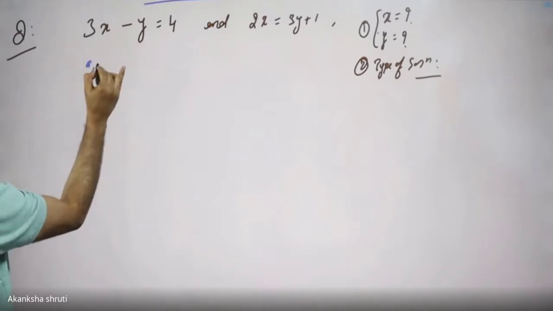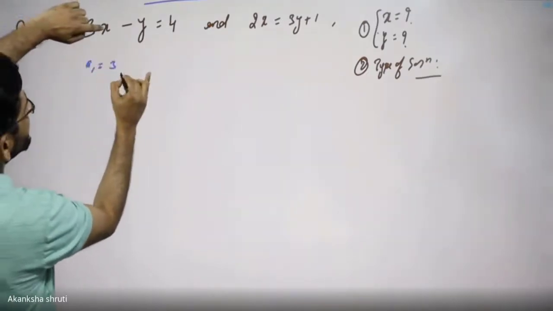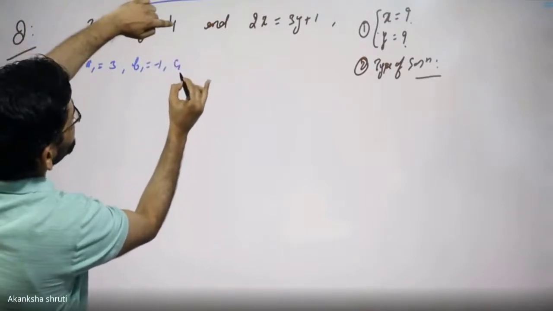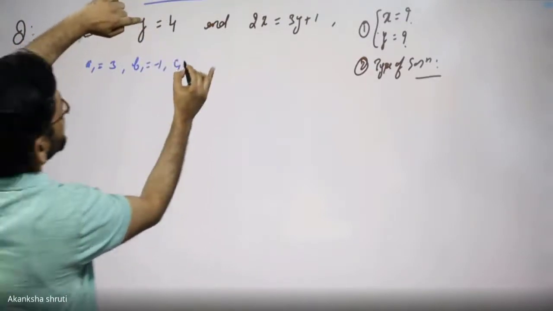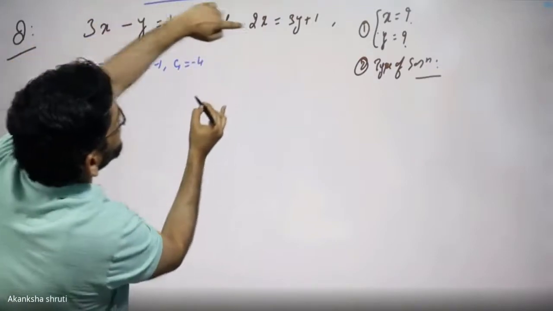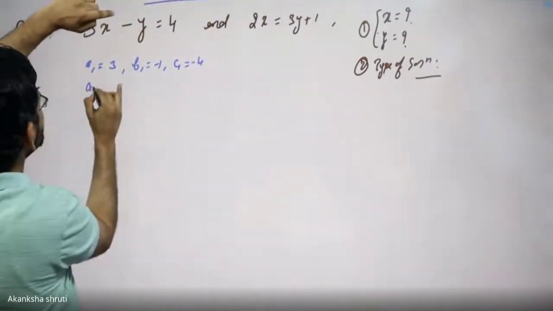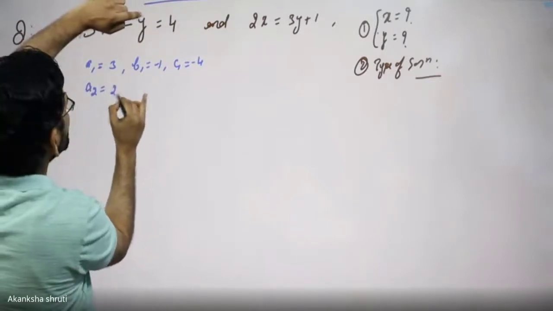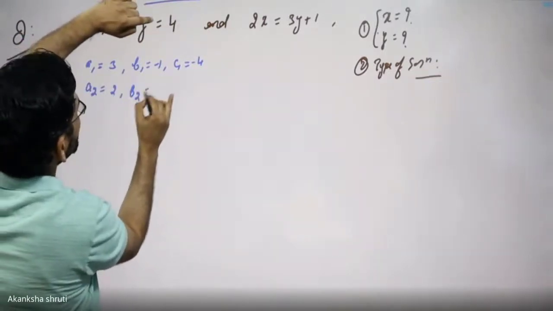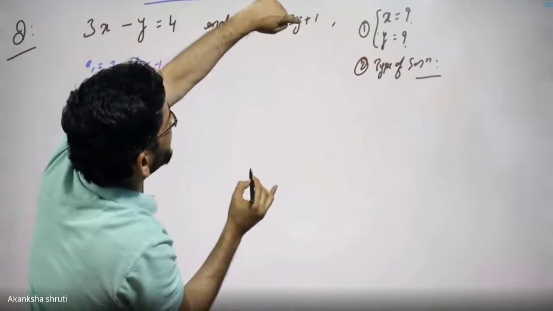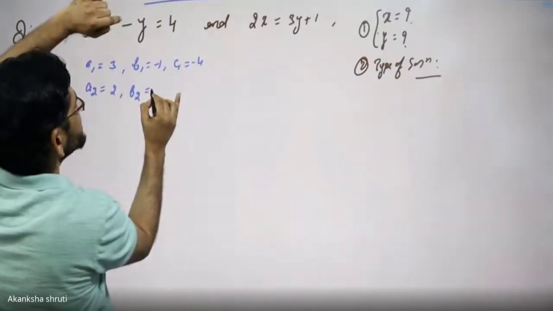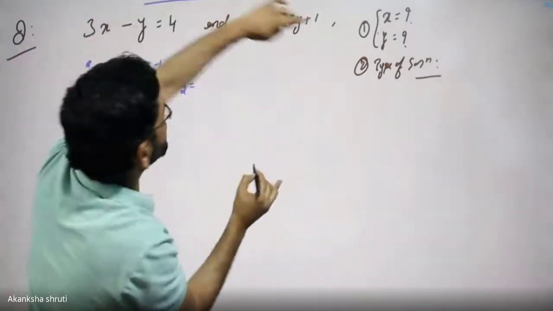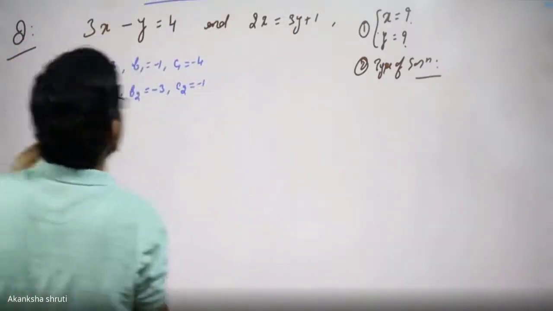Just observing this, we have to quickly collect a1, a2. A1 is 3, B1 is minus 1, C1, while bringing this to the left hand side, becomes minus 4. From the second equation, A2, the coefficient of x is 2, but B2, while 3y is brought to the left hand side, becomes minus 3y, so minus 3, and C2 becomes minus 1.